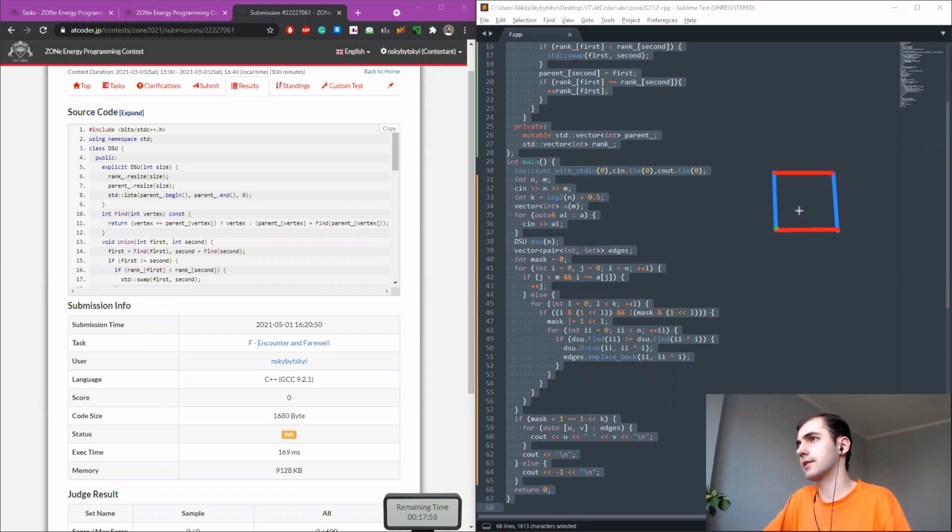Because the simplest case is a square, and we can ban red and blue, and this green will be like 1, 1, and nothing.